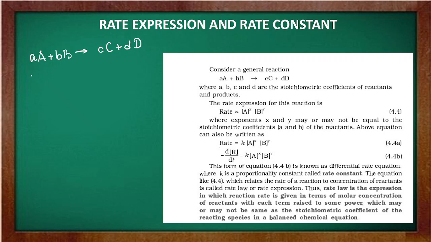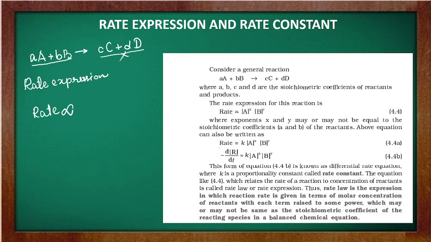So now how will we write the rate expression? Rate expression is written as: rate is directly proportional to... now we are studying the effect of concentration on the rate of a reaction. So rate always depends on the reactant, it is not dependent on the product.